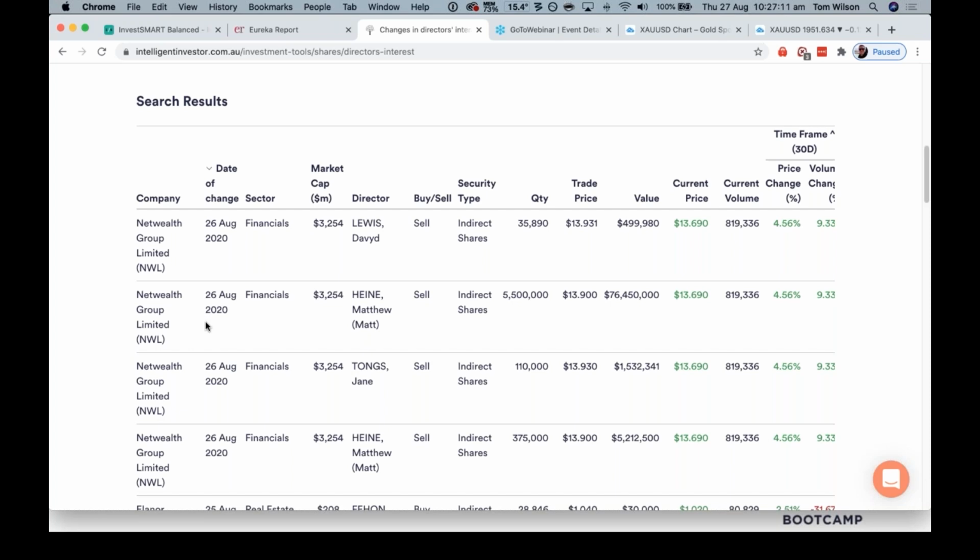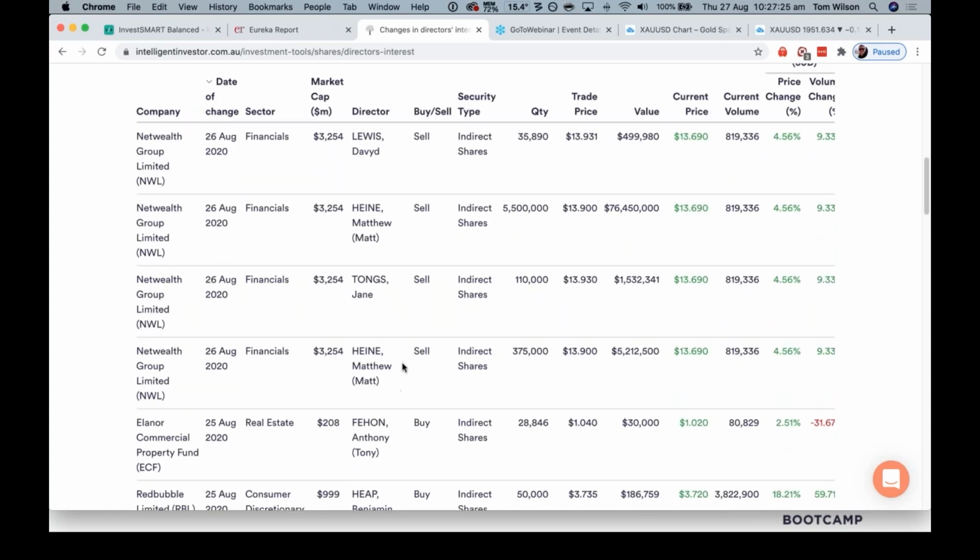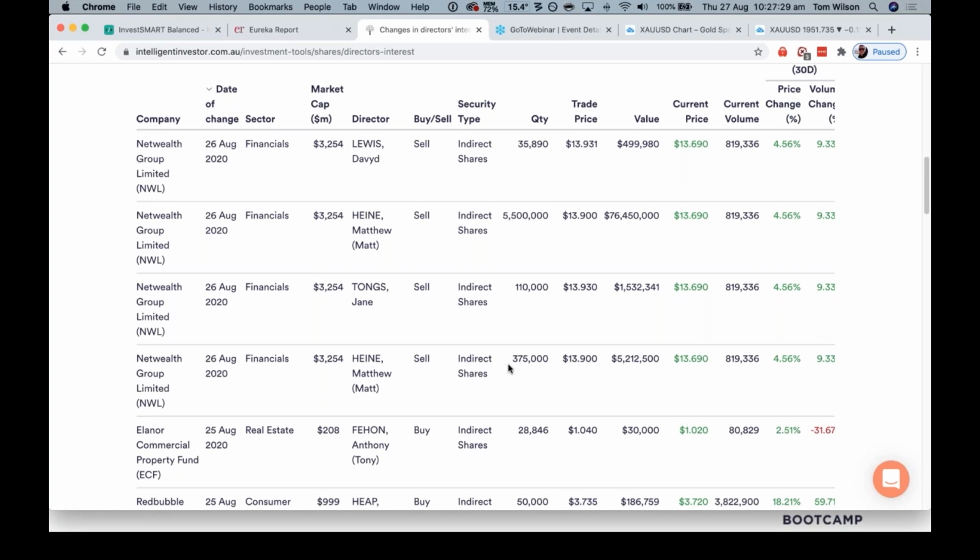And we can see here, there's the 26th of August, so that's only yesterday. Net Wealth Group, there seem to be a lot of directors here selling indirect shares. We could look into this a bit further, like obviously try and work out why, but it's just a good way to get this on your screen.